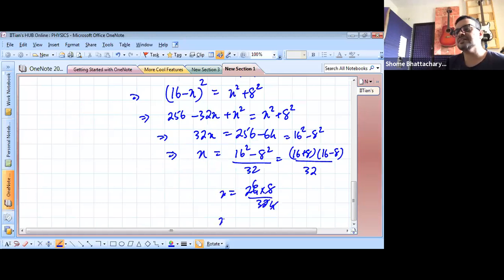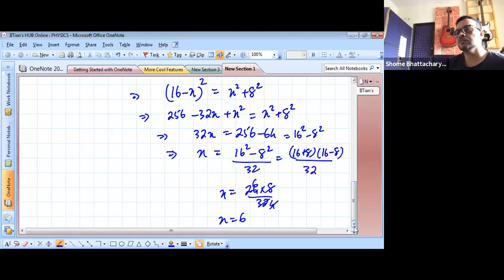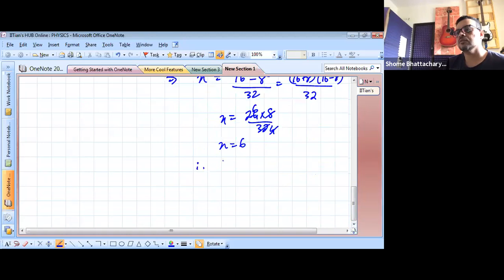You can see that x is equal to 6. Therefore, F1 is equal to 6 and F2 is equal to 16 minus 6, or 10.